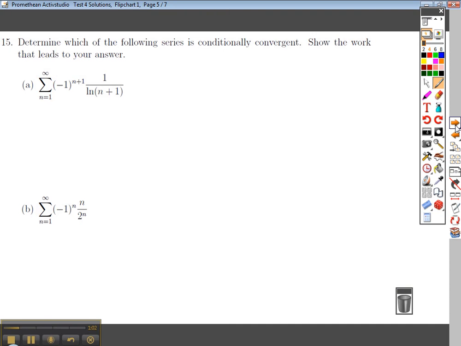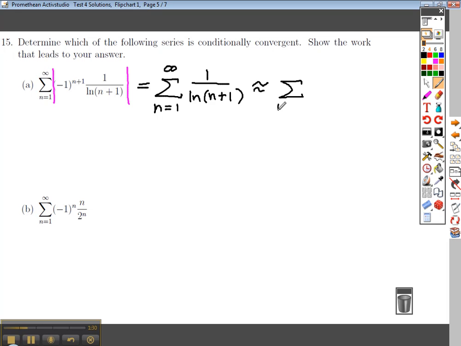The next one had to do with being conditionally convergent. What most people forgot is that to be conditionally convergent, you first have to test the absolute value of the series and see if that's divergent. If the series without the negative 1 to the n plus 1 is divergent, then you can use the alternating series test. So this series gave people a lot of issues. This is not integrable, so you can't use integral tests. What a lot of people did, and rightly so, is they compared it with the series 1 over n.